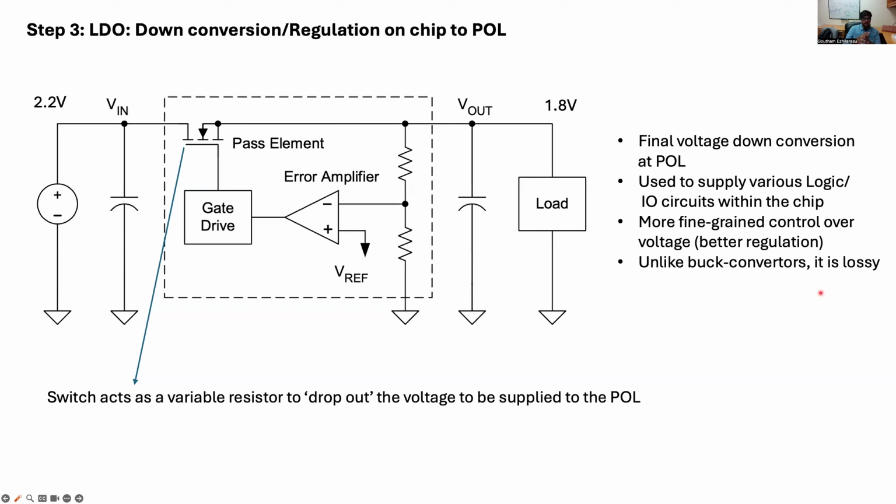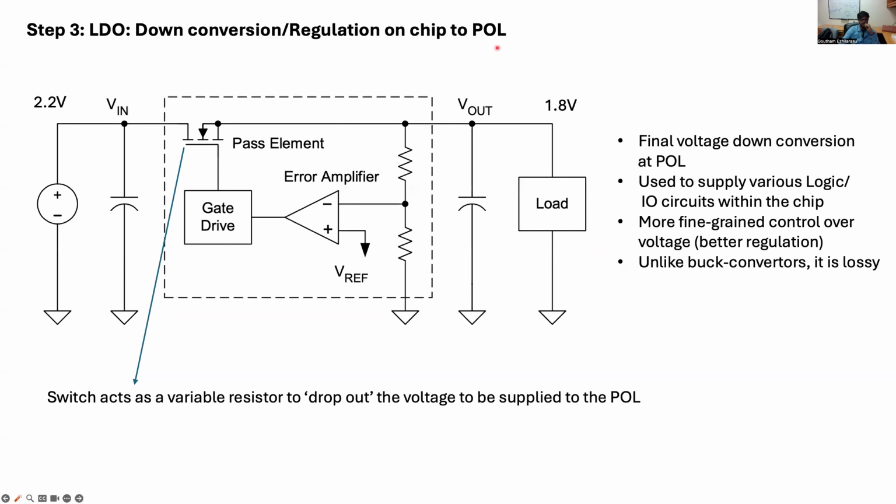As you see, because the LDO uses a resistive element to drop the voltage from the input to the output, it is much more inefficient than a buck converter that uses just switching and passives to do the voltage conversion. And so an LDO is only preferred when the input and the output voltage differential is very small.